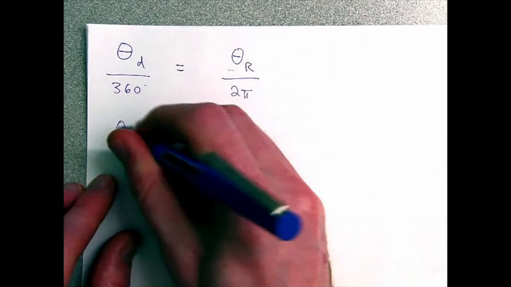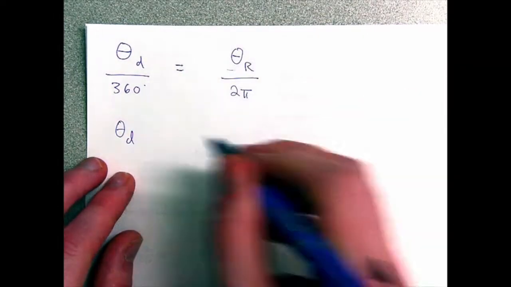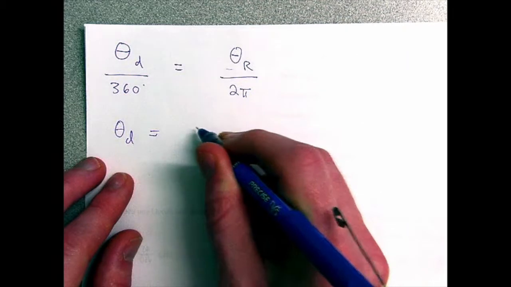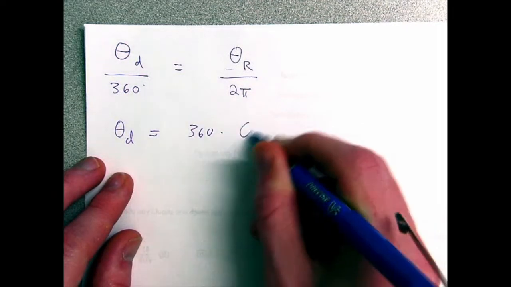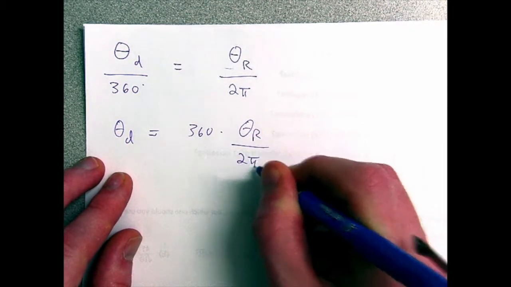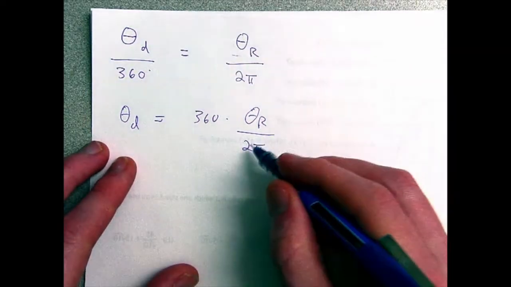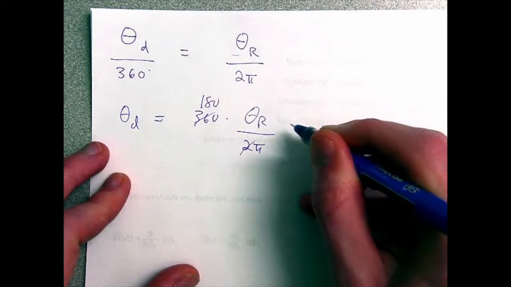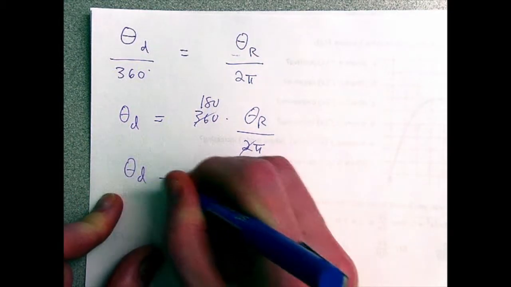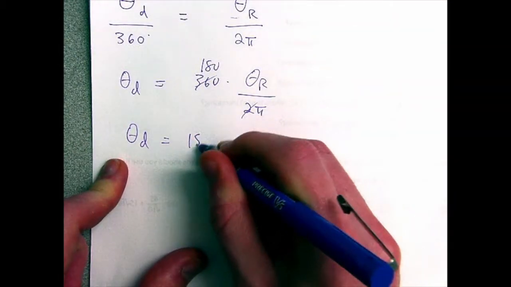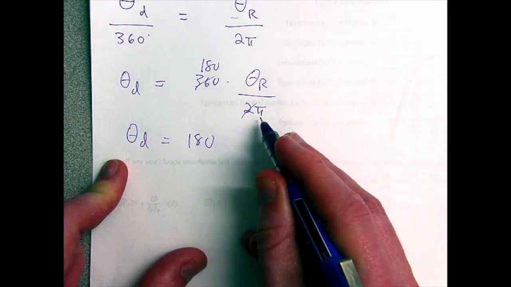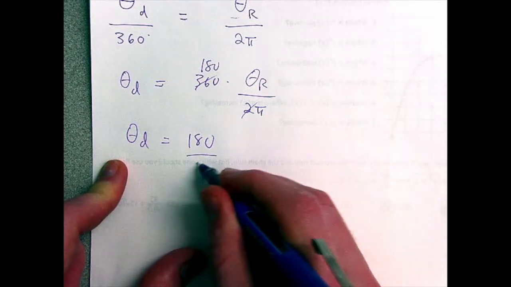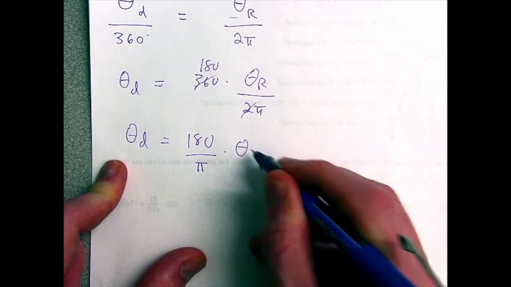If I solve this for theta d by multiplying both sides by 360, for example, I obtain the following. And then you can see that this 2 cancels with part of the 360, leaving me with 180. And I find that theta d is equal to 180, and then I still have that pi in the denominator, so 180 over pi times theta r.